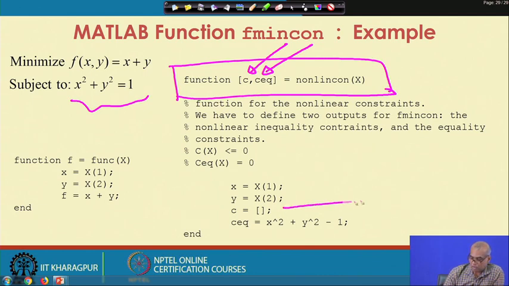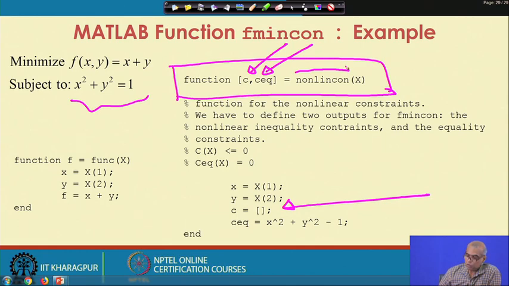So, C is a null matrix for me. C is not required for me. I have given this as the name of the function that defines nonlinear constraints.